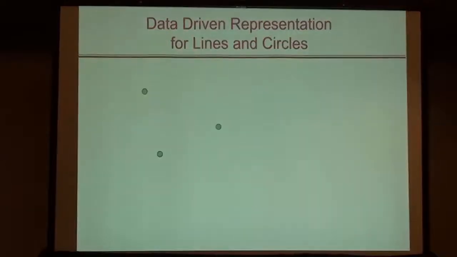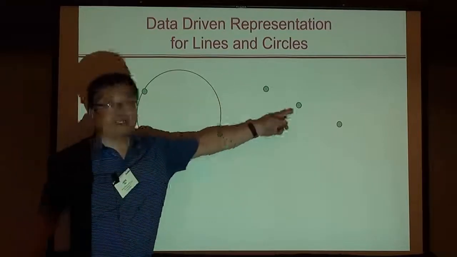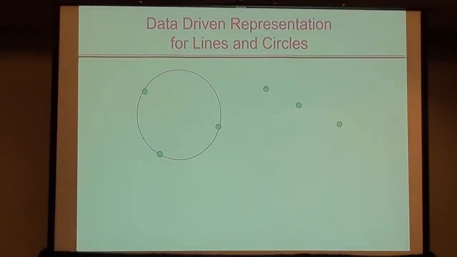Here we try to represent a circle with 3 points. That's well known, of course. And when the 3 points line up on a line, of course we get a line.